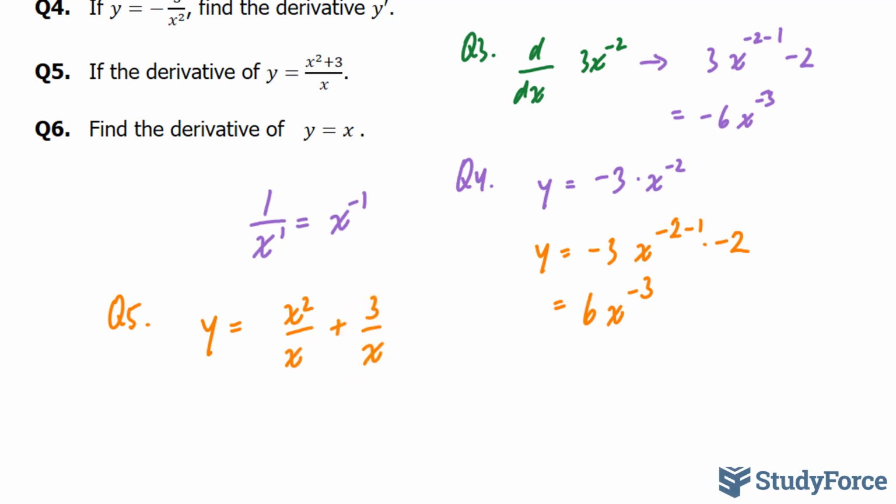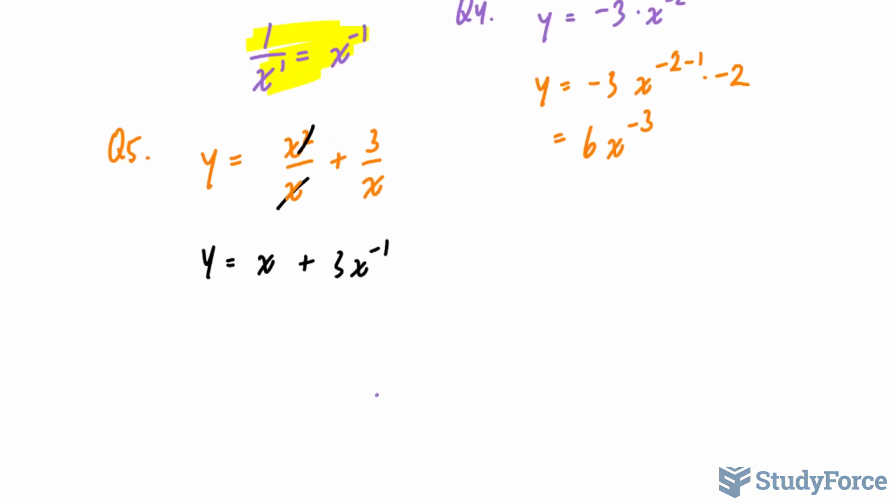The reason why you want to do this is because now you can cancel out this x with one of the x's in the numerator, giving you y is equal to x plus 3 over x. Now this part can be written as 3x to the power of negative 1, and we're using the same technique as before. So instead of 3 over x, we can write down 3 times x to the power of negative 1. Now we're ready to take the derivative.